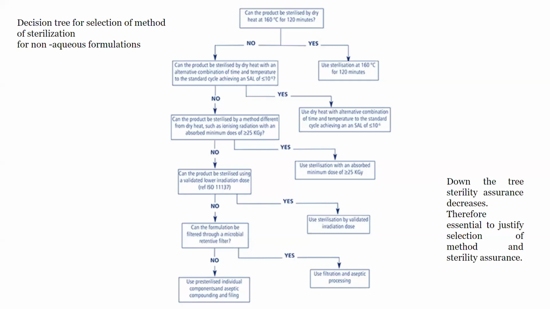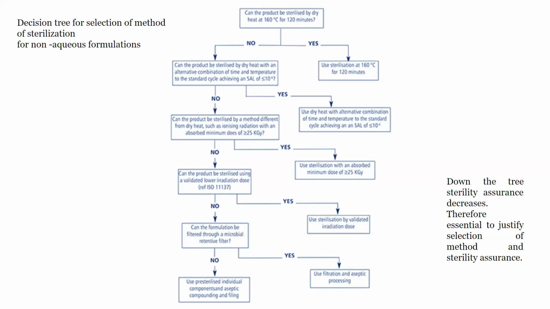If it is not possible, then again try the combinations of temperature and time to achieve a sterilization assurance level of less than or equal to 10 raised to minus 6 microbial count by the dry heat method.